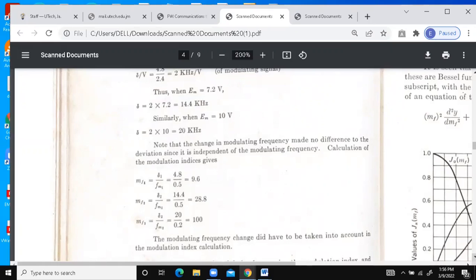So for instance, you're listening to a radio station on one frequency, 103.9, right? The same station has 3 different frequencies that they operate on: 103.9, 103.5, and 103.1.